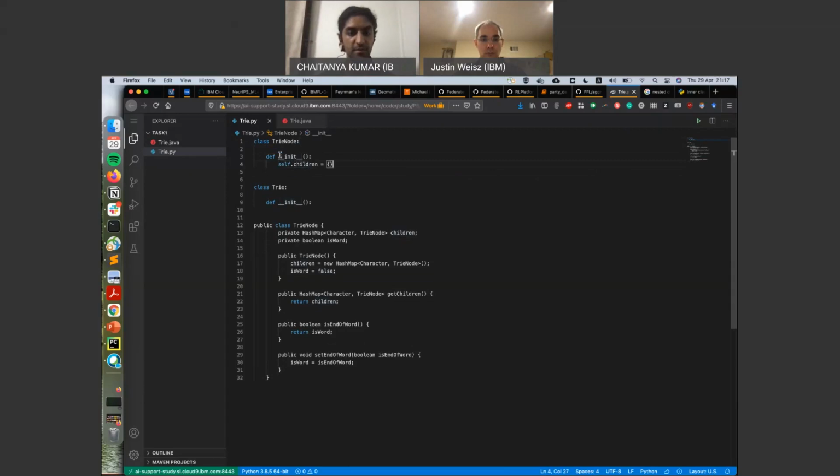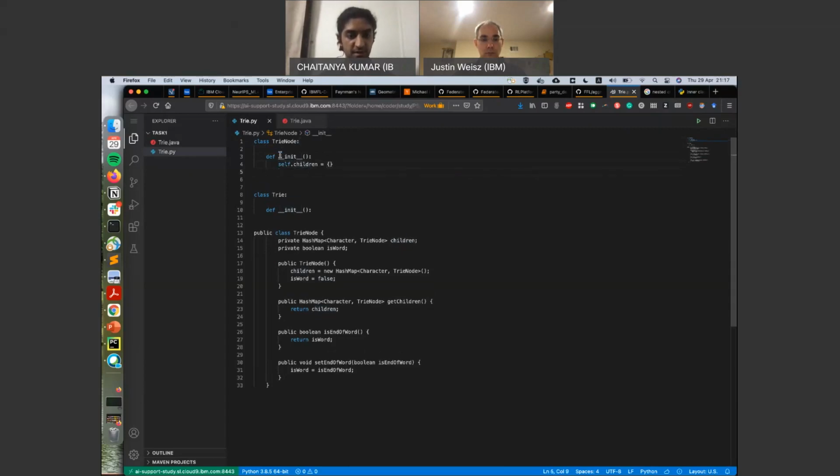I'm just creating a mapping between the variables that are there in the inner class, and I've created a separate class for that, not nested. And I'm just creating the same attributes in Python.